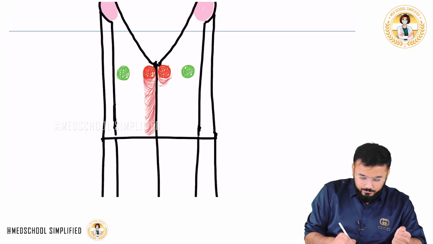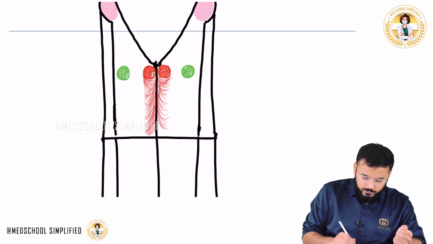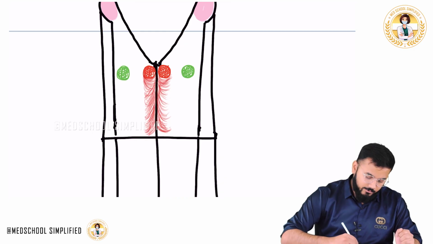You see this? This elongated swollen ridge-like structure which I am drawing right now is nothing but your fasciculus.